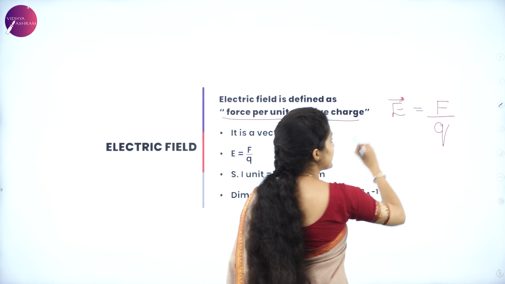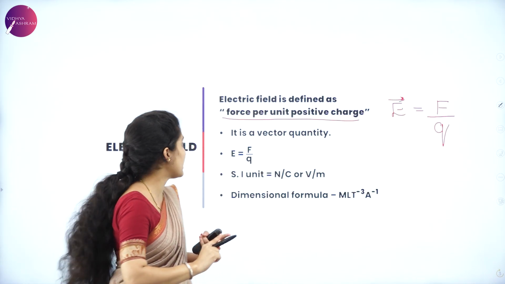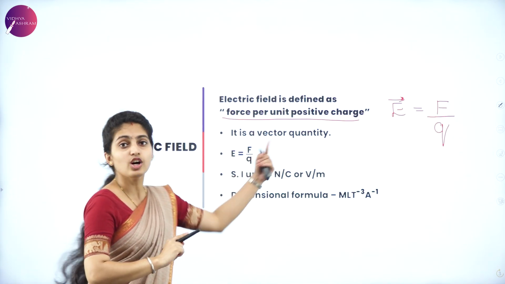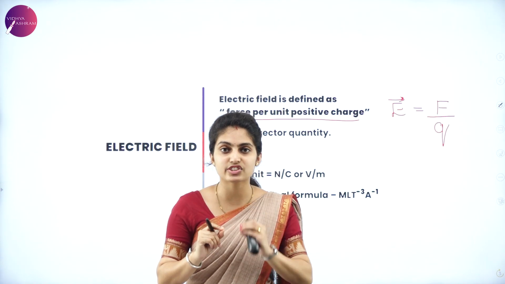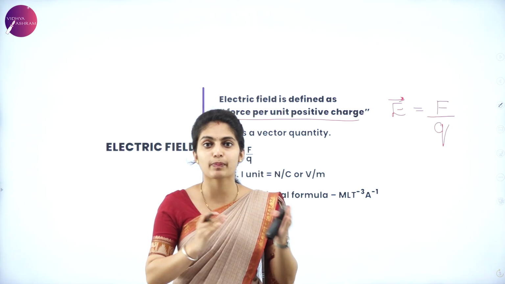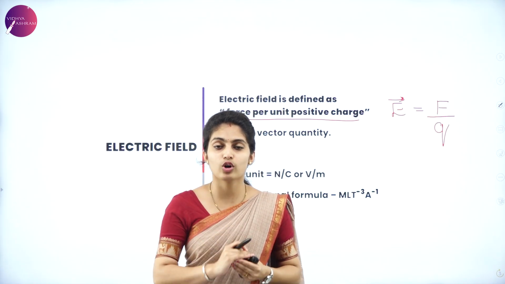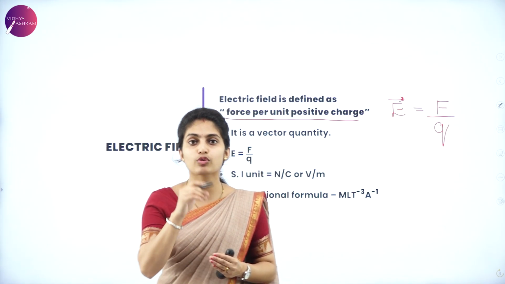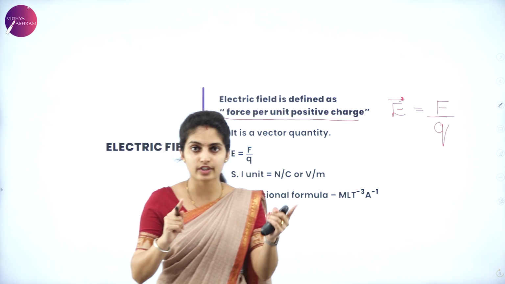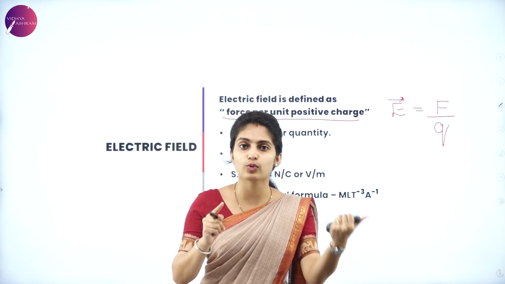Electric field has got magnitude as well as direction because it's a vector quantity. Clear? Through which way the electric field lines are flowing, that is, passing. Electric field lines are always represented in terms of arrows, in order to know from where it's flowing to where.